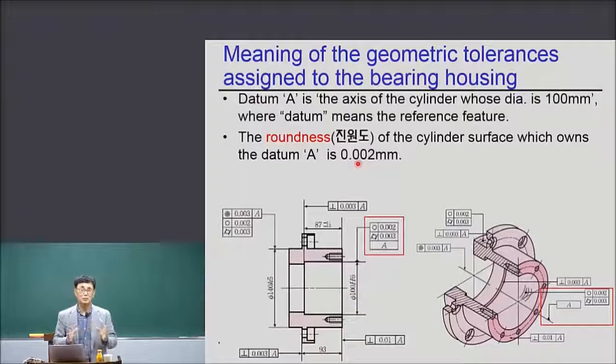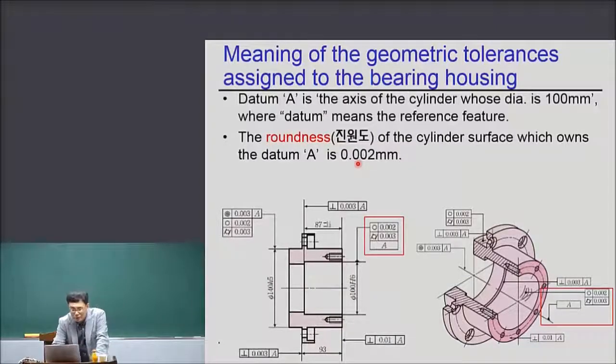Maybe you have to use a very precise grinder, or you need a very precise jig boring machine tool, which we call jig boring.